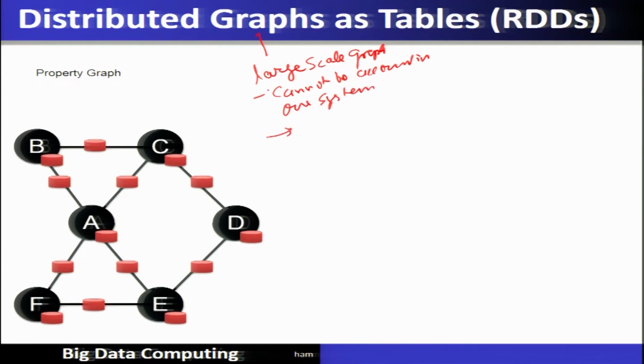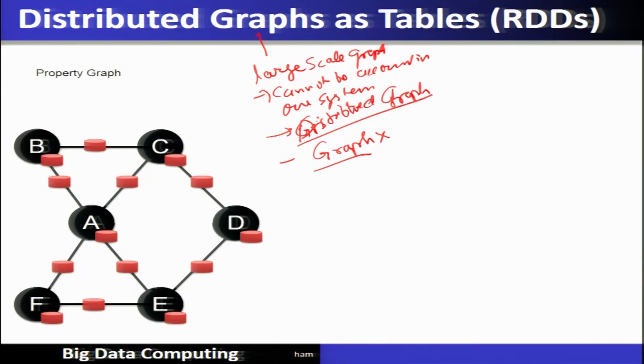Therefore, it will be stored in a distributed manner, hence it is called a distributed graph. If it is a distributed graph, that means the graph can be cut into different pieces and stored across a cluster of machines. How that is all done, we are going to see, and how GraphX supports this distributed graph.